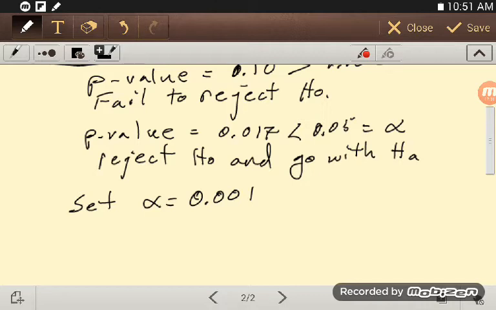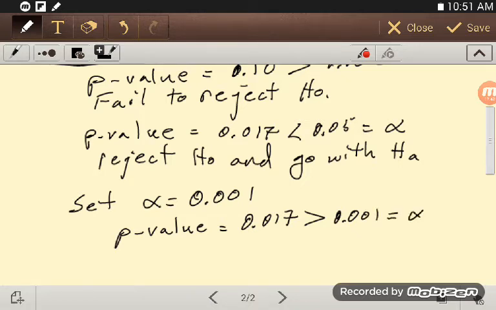But if we set it at that, then a p-value equal to, and I'm going to take my 0.017 up there, well, then that's bigger than 0.001, which is our new alpha. And so in this case, we would fail to reject H0. We'd have to just go with it. Now, we may not believe it's true, but we go with it anyway.